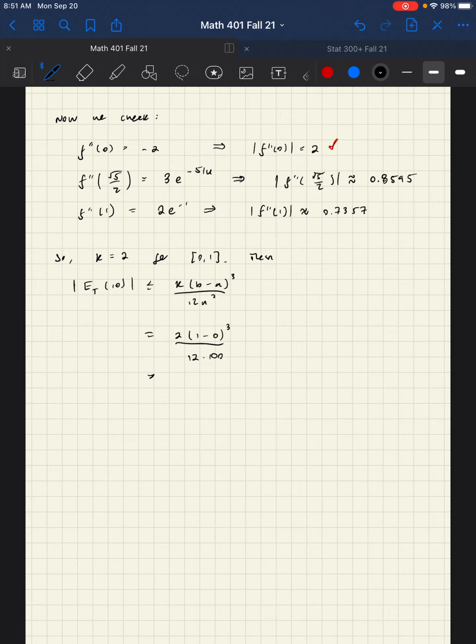And this is on the order of, well, 1 minus 0, that just turns into 1, so it doesn't matter. And then 2 and the 12 simplify to 1 and 6. So you get 1 over 600. And that's approximately our error bound.